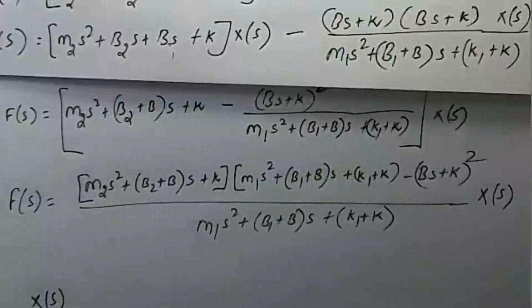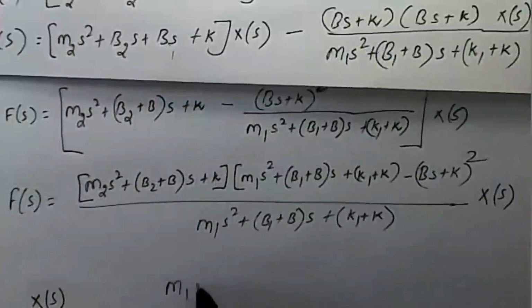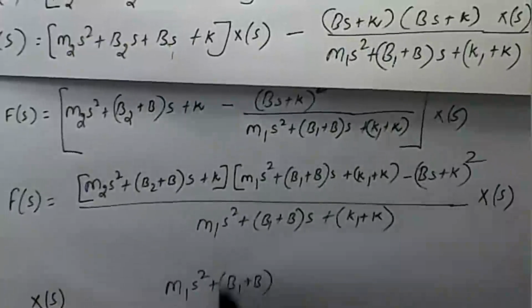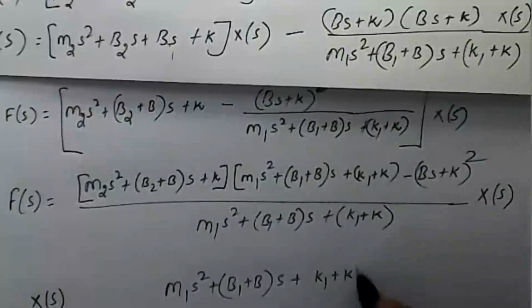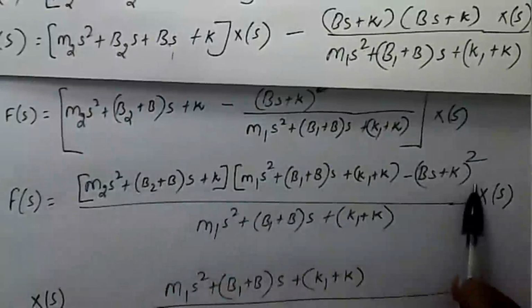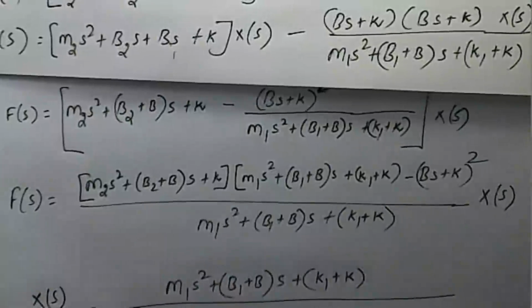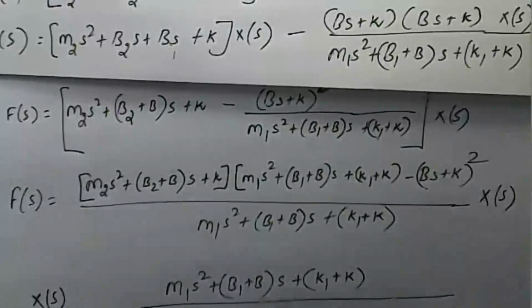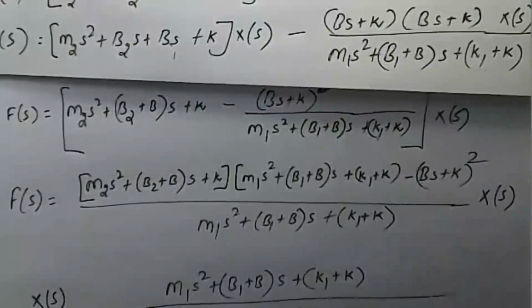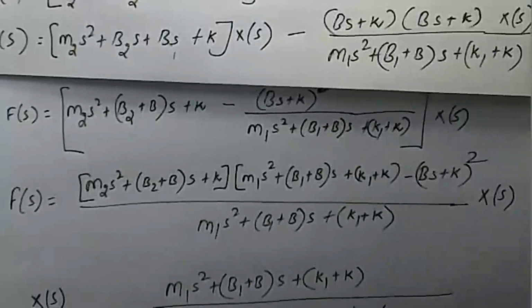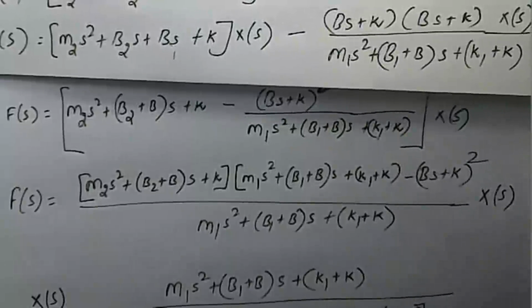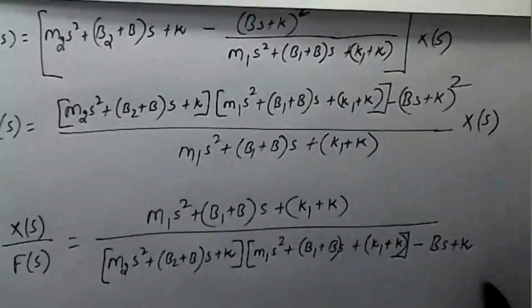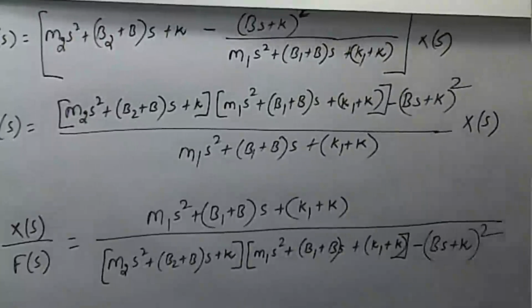Just cross multiply: X(s) divided by F(s) is equal to this term goes to the numerator, (m1 s squared plus (b1 plus b) into s plus k1 plus k), whole divided by, this term goes to the denominator, (m2 s squared plus (b2 plus b) into s plus k) into (m1 s squared plus (b1 plus b) s plus k1 plus k), minus (b s plus k) the whole square.